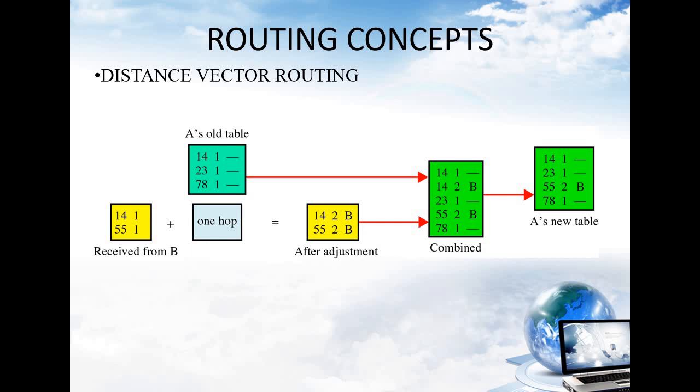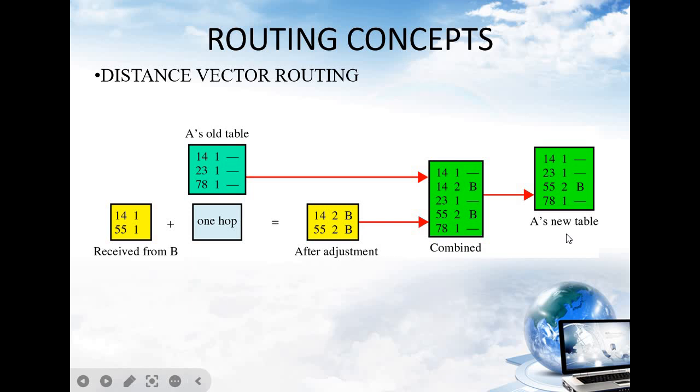We write 14, 1; 14, 2, B; 23, 1; 55, 2, B; 78, 1 in ascending order, and we combine them. Now we eliminate the duplicates. We have network 14 twice, and we select the smallest cost, that is 14, 1. 14, 2, B is discarded, then 23, 55 2 B, 78.